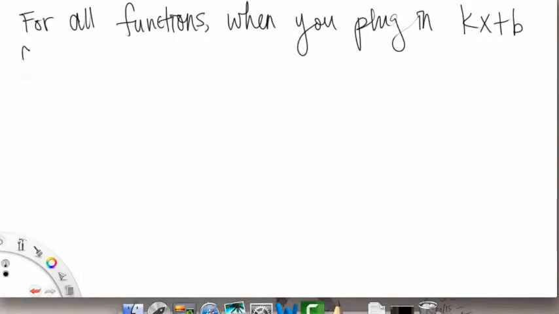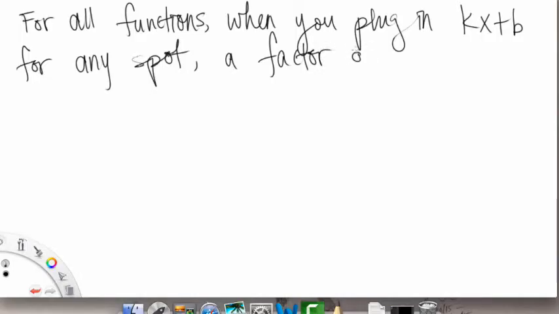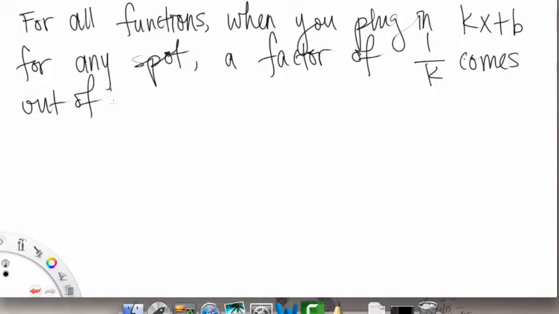When you plug that in for any spot, then a factor of 1 over k must appear from the integration. So a factor of 1 over k comes out of the integration.